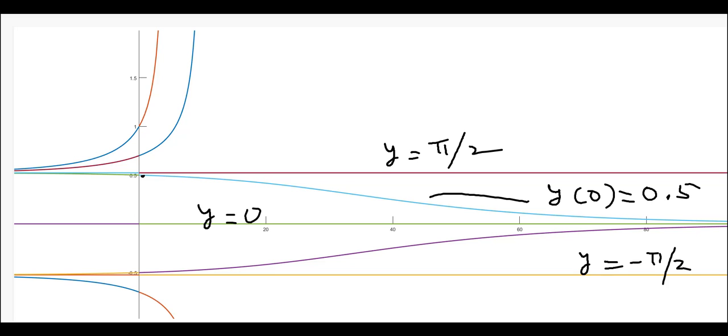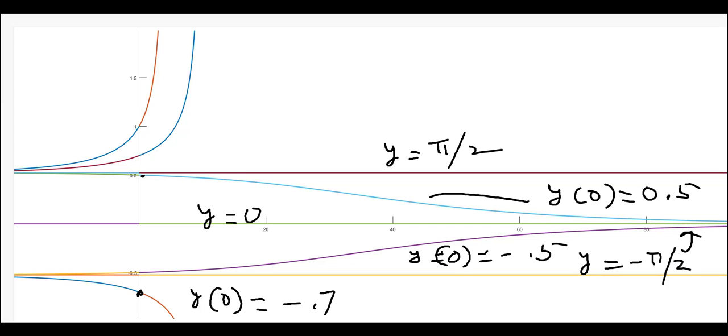This one corresponds to y(0) equals negative 0.5, and here let me just indicate it. In here I supplemented this one, which corresponds to y0 equals negative 0.7. Here you can see the graph passing through 1, and I supplemented another one here for y(0) equals 0.7. Let me know if you have any further questions.